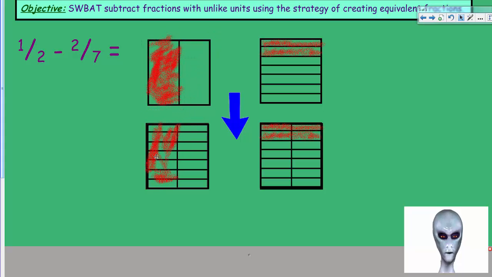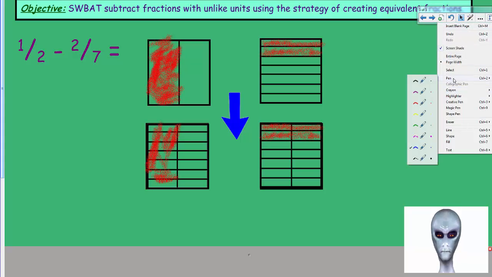See, the 1/2 takes up a lot of 7ths here. So now we have a total of 14 units here. Over here we have the same, but we have 4 out of the 14, where here we have 7 out of 14, which is 1/2. So let's go ahead and do the subtraction.